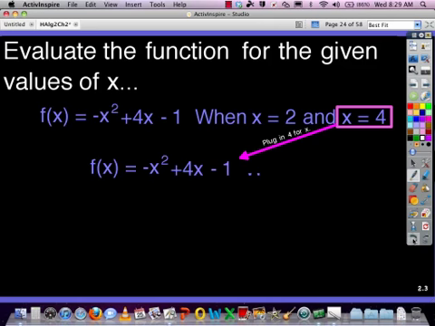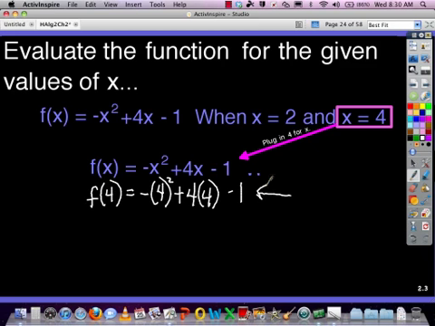And again, if we did the same thing again, we would be putting the 4 in this time. And if we did that, it would look more like f of 4 equals the opposite of 4 squared plus 4 times 4 minus 1. And again, order of operations should give you your result.